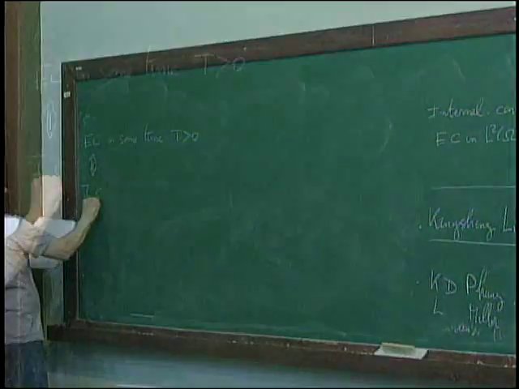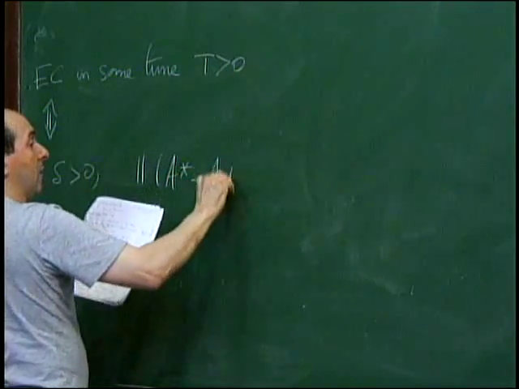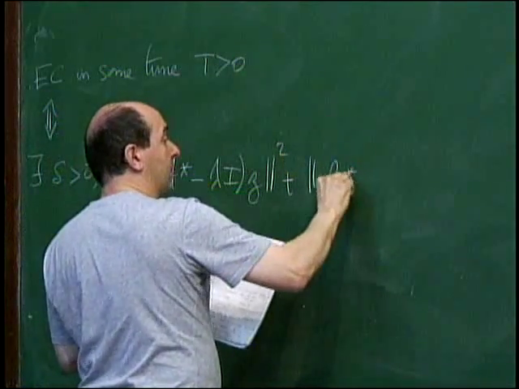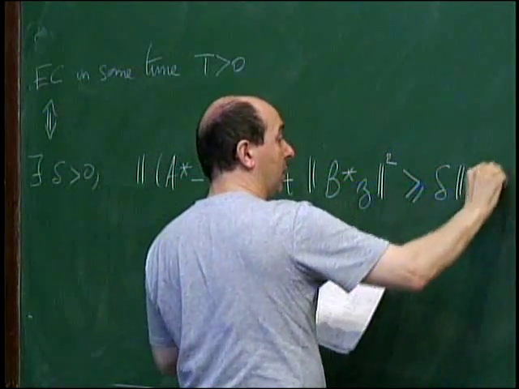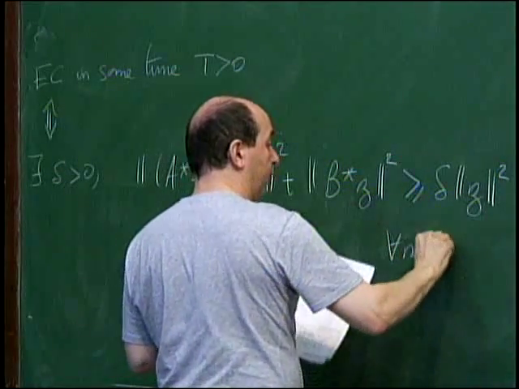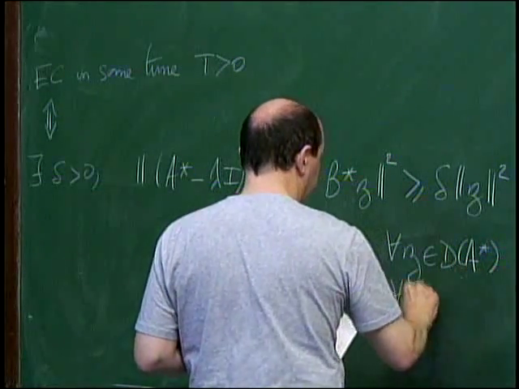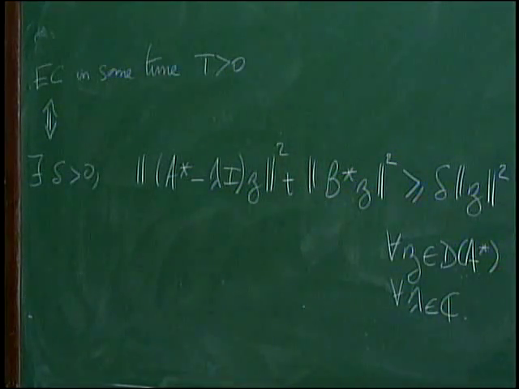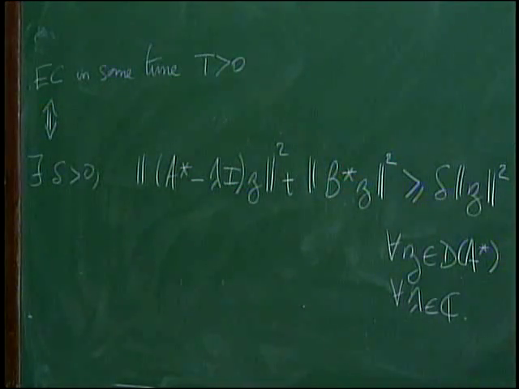There exists some delta positive such that ‖(A* minus lambda identity)z‖² plus ‖B*z‖² is larger than delta ‖z‖² for any z in the domain of A*, and for any lambda. So this is an extension of the Hautus lemma, but of course you have some estimate which is involved because you work on PDEs.